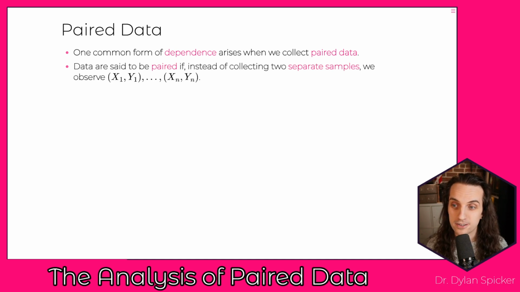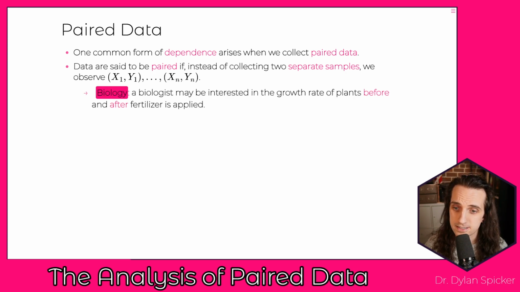They're said to be paired if, instead of collecting two separate samples, we observe x1 and y1 up to xn and yn paired together. We think about them as being observed on the same unit or at the same time, or tied together in a way that is natural based on the context.